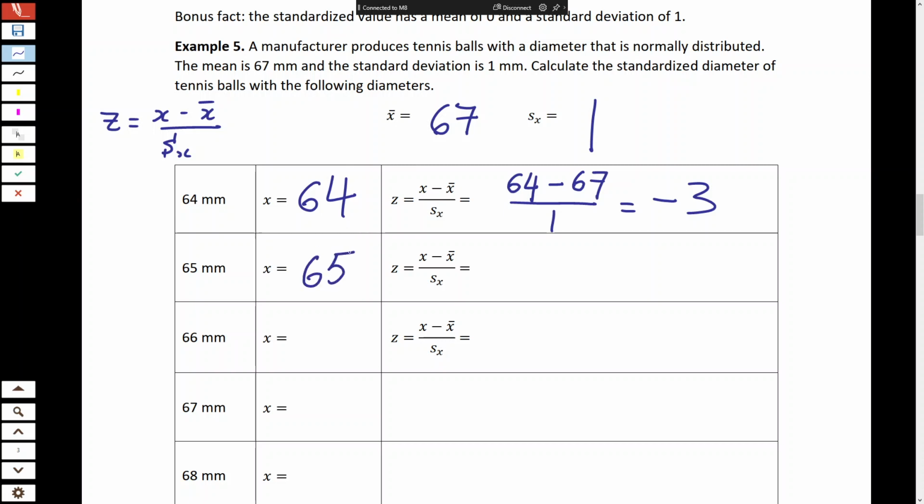How many standard deviations is 65 away from 67? It's 2 standard deviations away. Is it above or below? It's below. We're expecting this to be -2, all right? But let's see what happens. 65, x, because now it's a different tennis ball, minus 67 divided by 1 is -2.